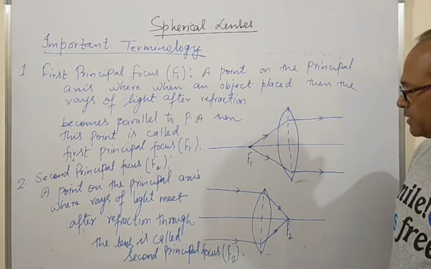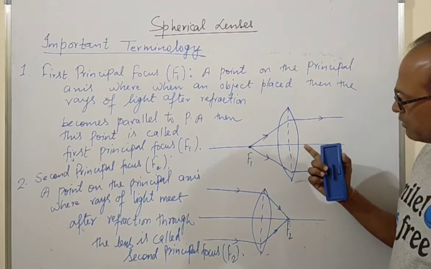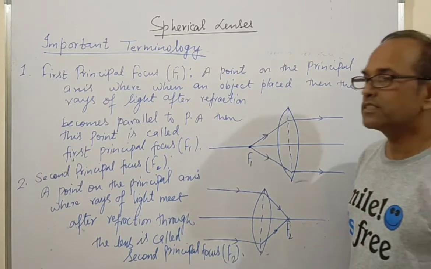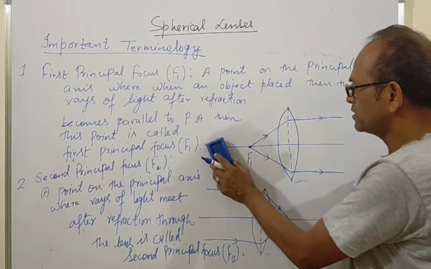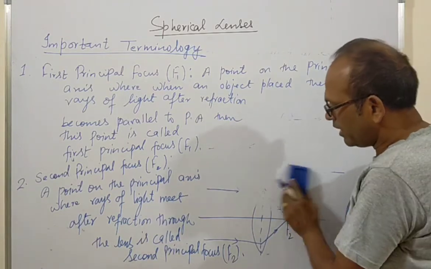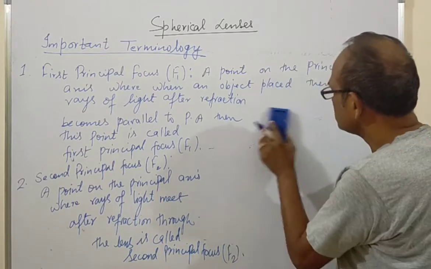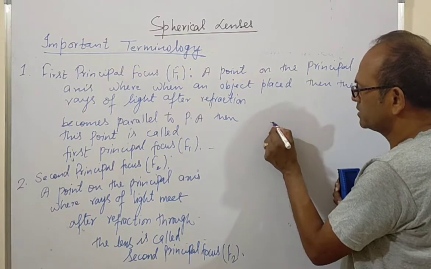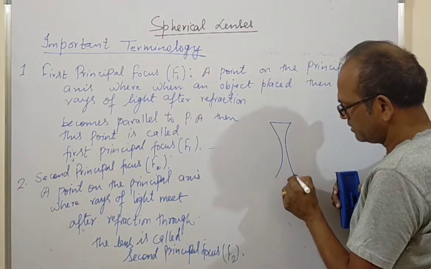What will happen? Suppose I replace these convex lenses by a concave lens. So let's see what will happen when we replace it, students. So here, if I take a concave lens, okay, right? I have taken one concave lens here.